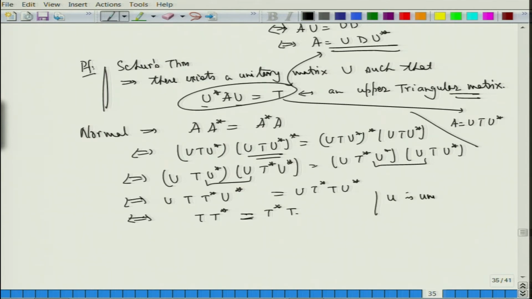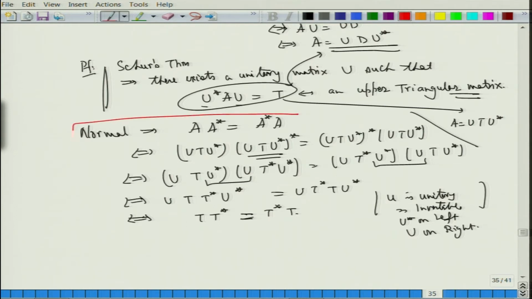U is unitary, implies invertible, or whatever it is you want to say, or just multiply by U star on left and U on right. So whatever way you want to understand it. So normality implies that, normal tells me this part, but this part is equivalent to saying that the triangular matrix that I got should also be normal.